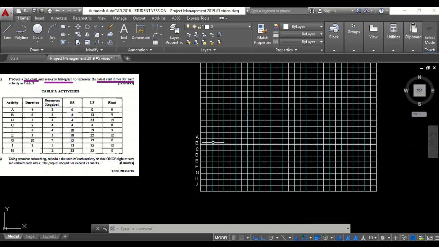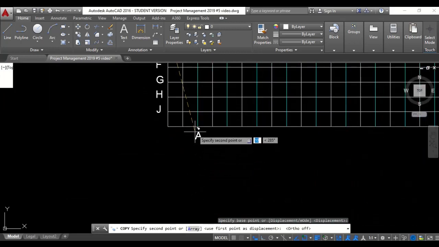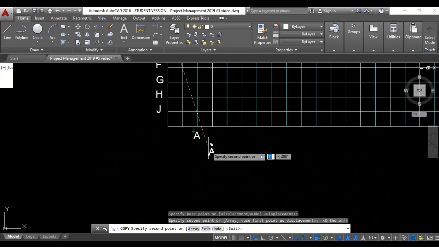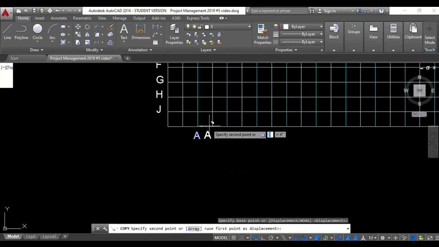Okay, so now for my bar chart, I have to label my x-axis to represent the number of weeks. And I'm going to be labeling every other line just so it's not crowded and confusing.